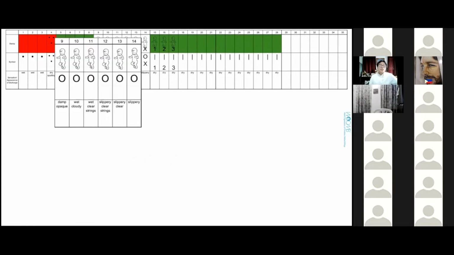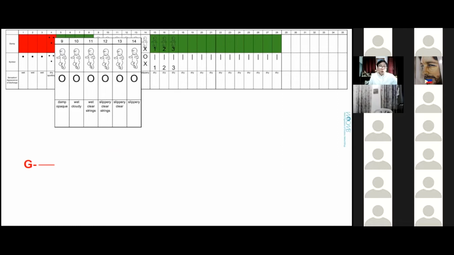Now, what happens on day 10, 11, 12, 13, and 14 during the days of the changing pattern of discharge or fertility? Changing developing pattern. Slippery sensation noted. And that is the most important. Slippery sensation indicates the egg is already mature and any moment there will be an ovulation.